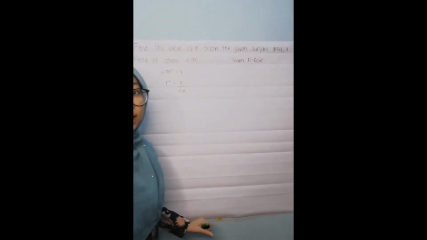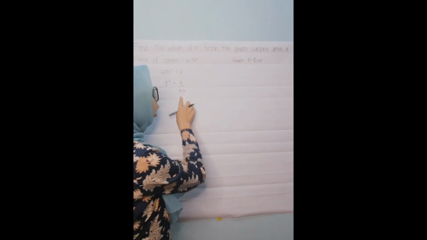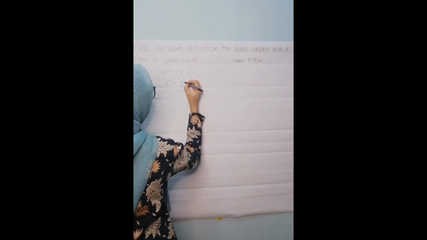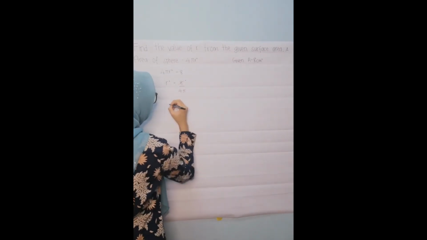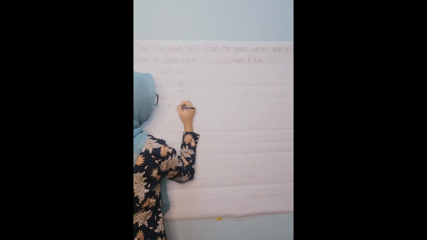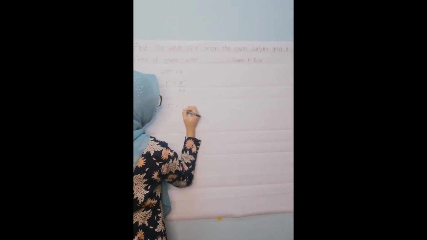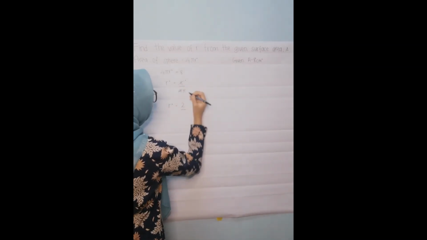We know that 8 and 4 can be divided by 2, so we can cut the 2, and then r squared equals 2 over pi.